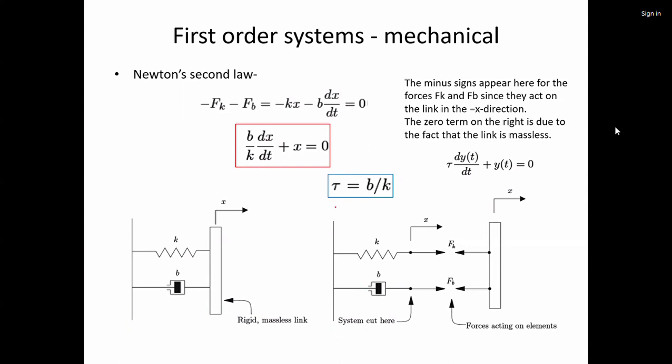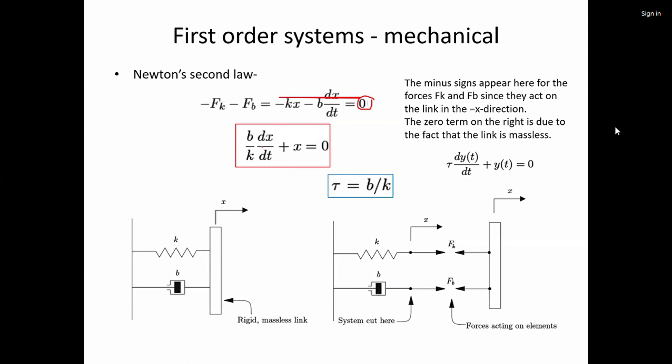So is the damping force. So that is why this is in the negative: minus Fk minus Fb, which is minus Kx minus B dx by dt equal to 0, because there is no inertial force. So the right hand side is 0. So if you rearrange this, if you divide by K, you basically get B by K into dx over dt plus x equal to 0.